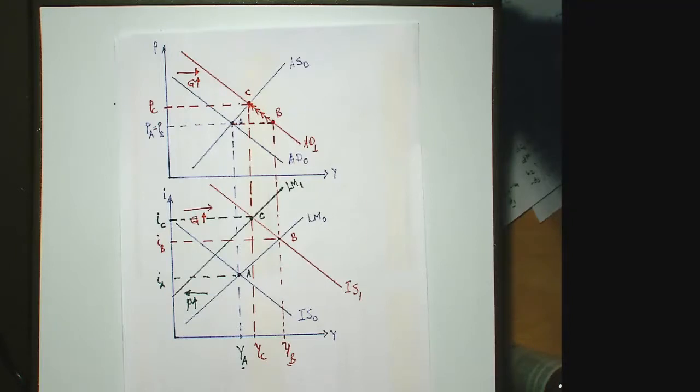With this, we would shift to the medium-term analysis of the IS-LM curve or the AS-AD model in general. In the medium term, as we have seen, there is an increase in the price from PB to PC, and there should be an adjustment in the price expectation.